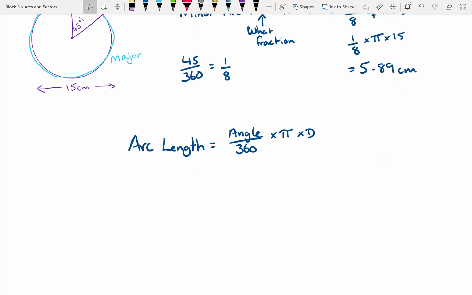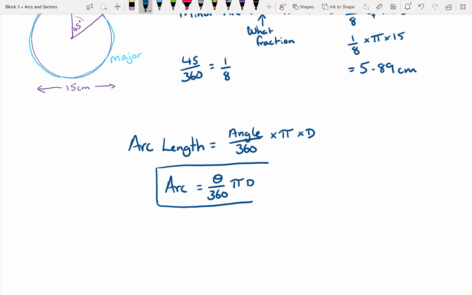For convention's sake, sometimes we'll shorten that to the arc is equal to theta over 360 times pi d, where we use the letter theta to represent the angle. Even if we don't know how to simplify the fraction, we can still fit numbers in our formula regardless of what they're like.